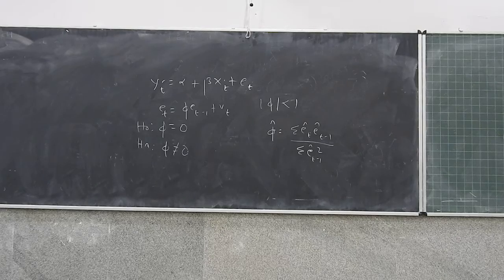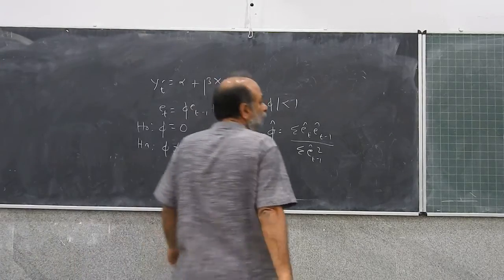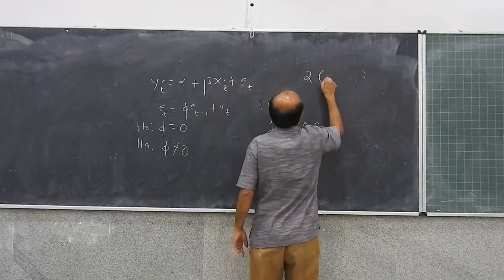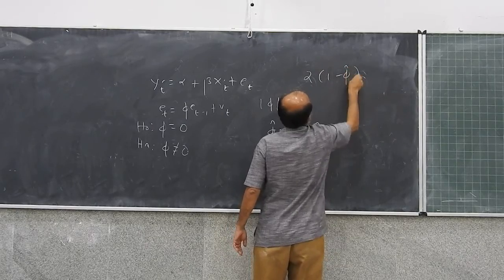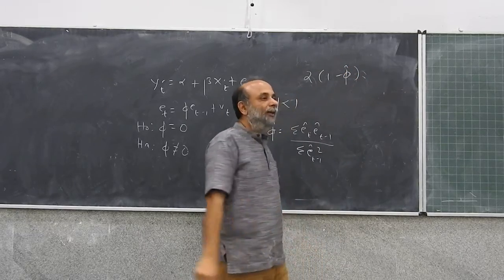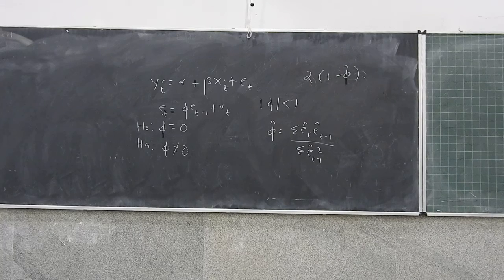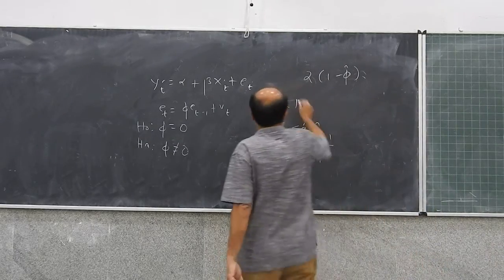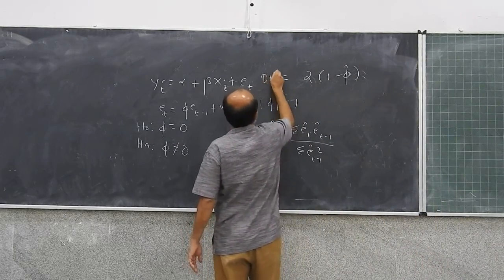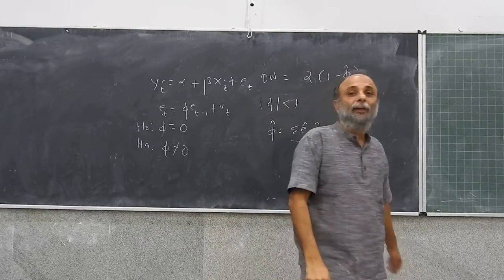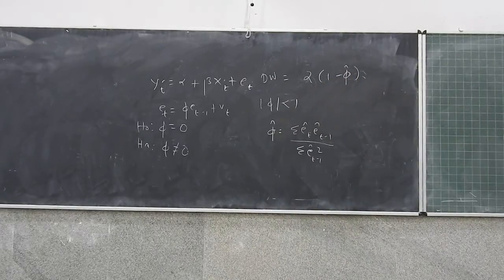Alright? So think of 2 times (1 minus phi hat). This statistic has a name. It is called the Durbin Watson statistic.